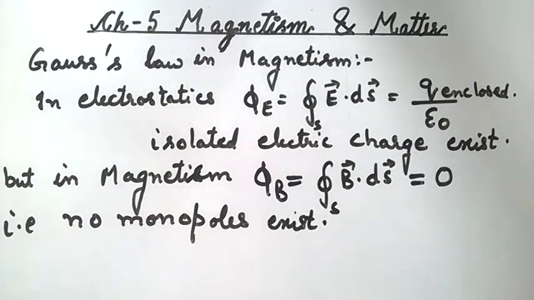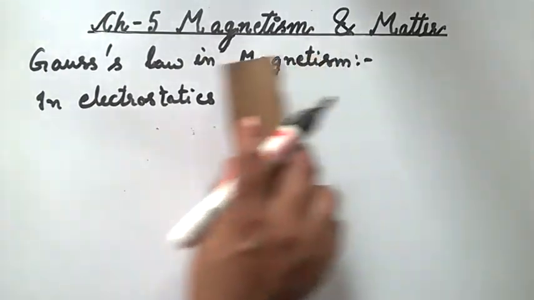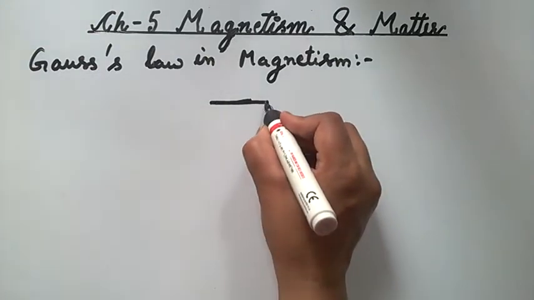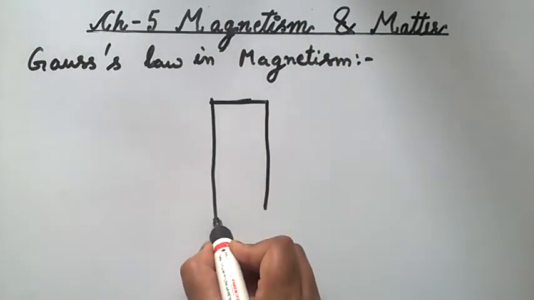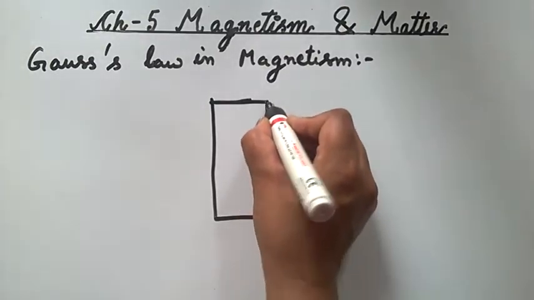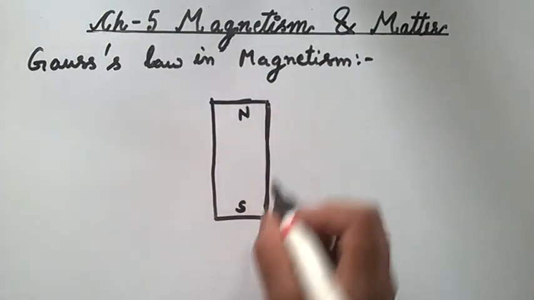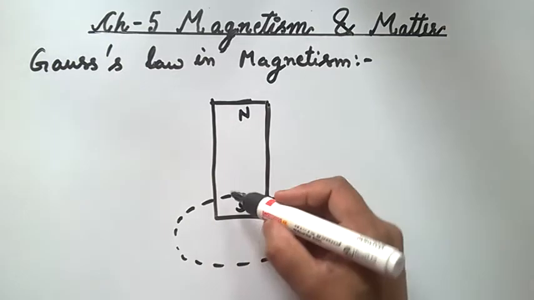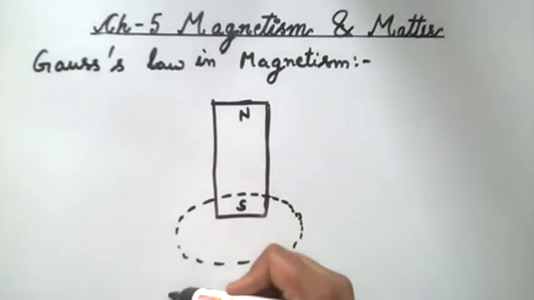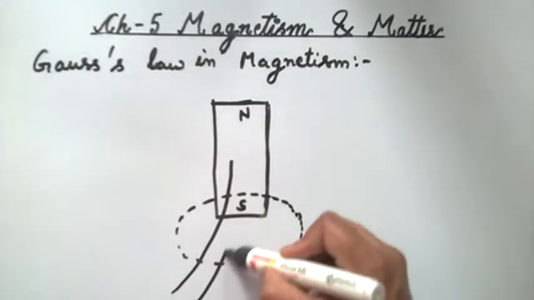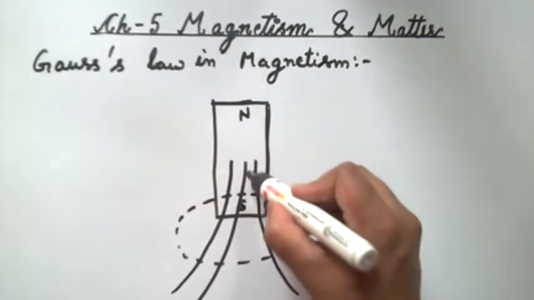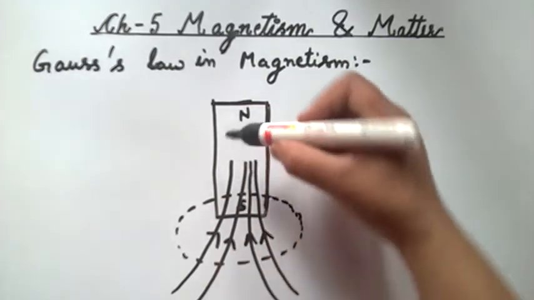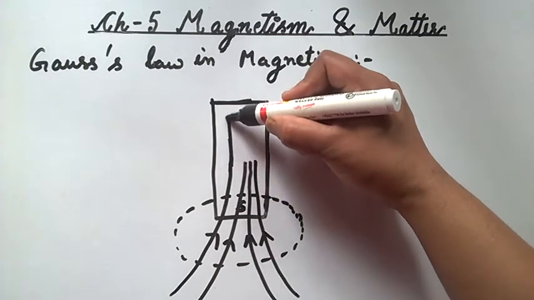This we can understand in this manner. If there is a bar magnet, and this is its south pole and this is the north pole, and if we consider a Gaussian surface at one end, then the number of magnetic field lines entering it is equal to the number of magnetic field lines leaving it.